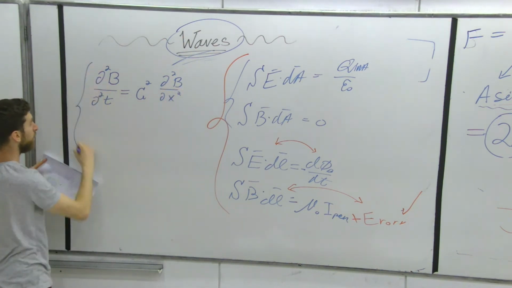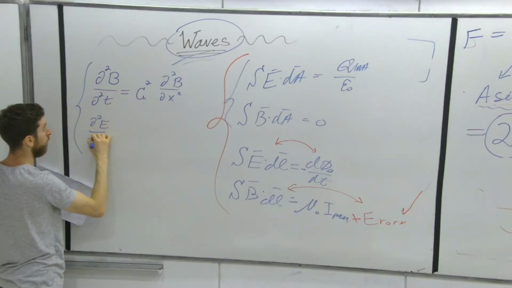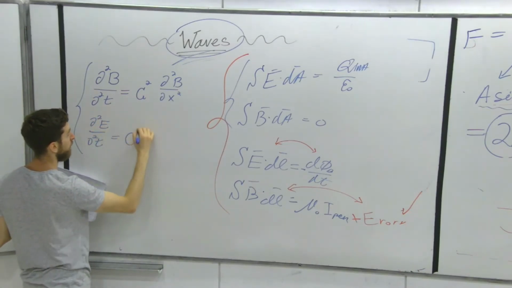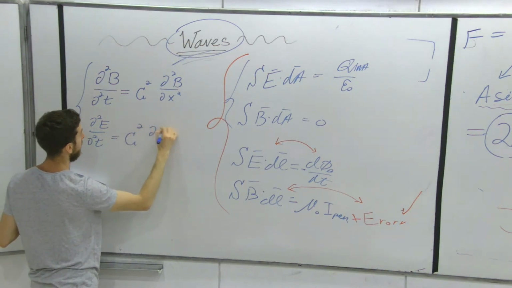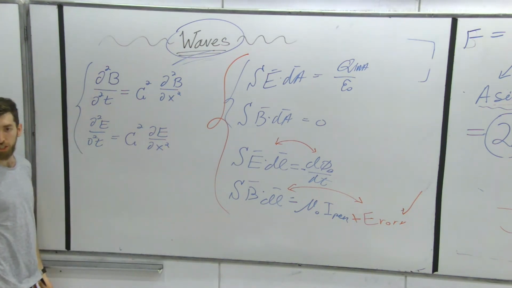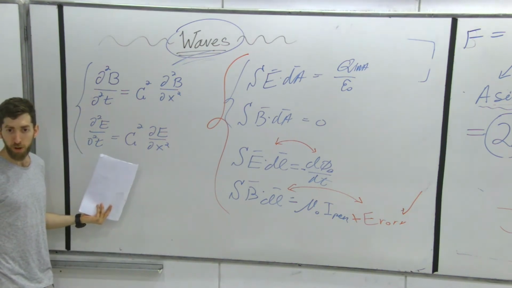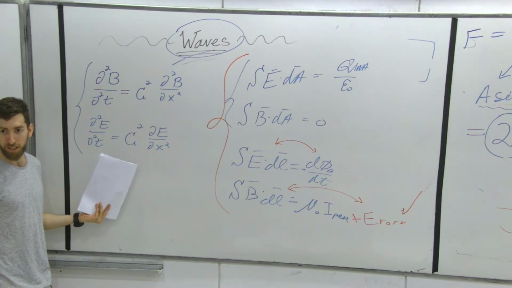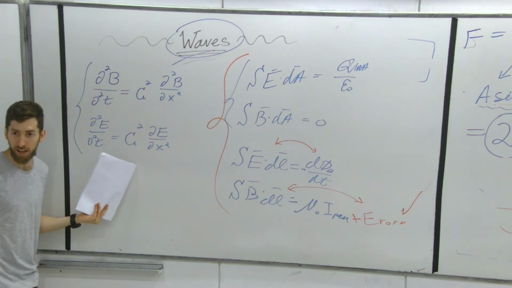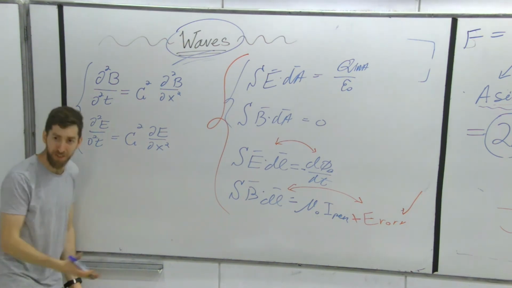He said, I have another equation for E, and you get goosebumps. What do we see here? It's a wave phenomenon. Electric and magnetic fields are a wave phenomenon.